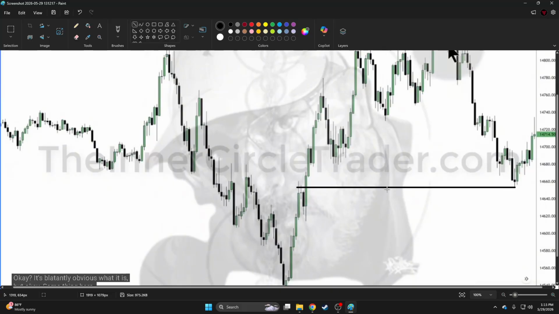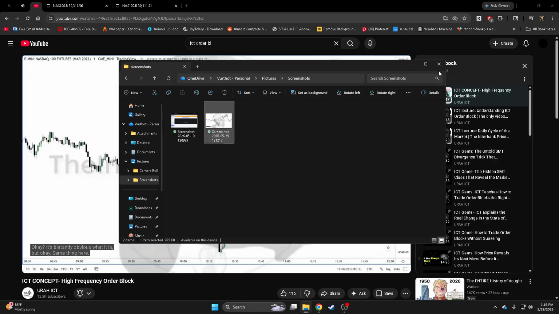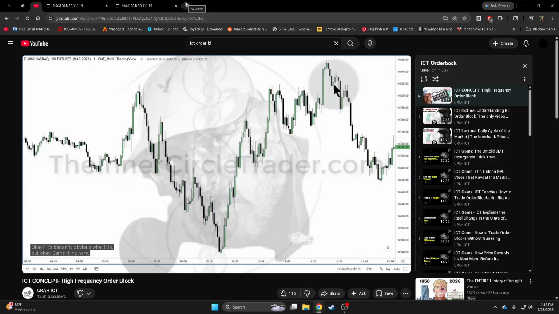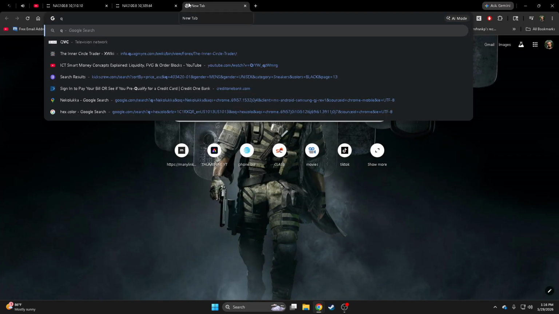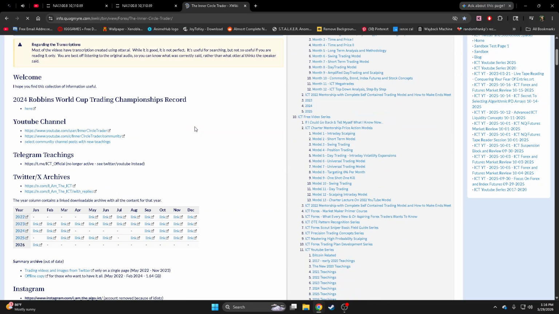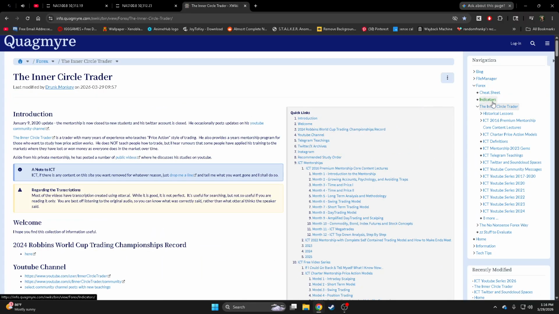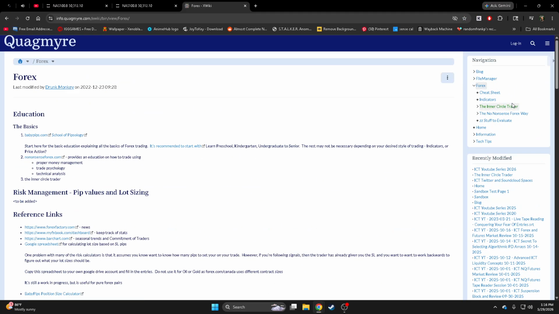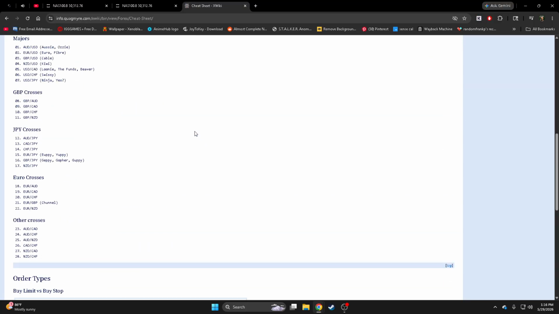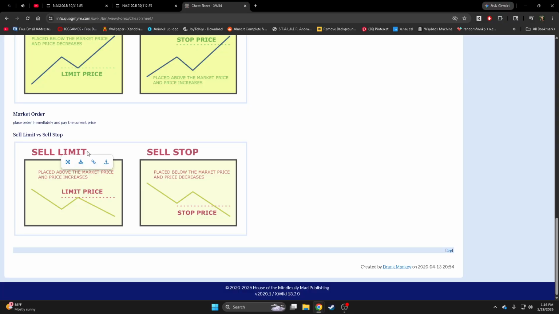Is that what they call stop limits? I know I got this cheat site, Quagmire, favorite site in the world for all this type of stuff. Yeah, it was on the cheat sheet. You know I'm deep into this. Buy limit. Yep, limit orders. It's not called stop.